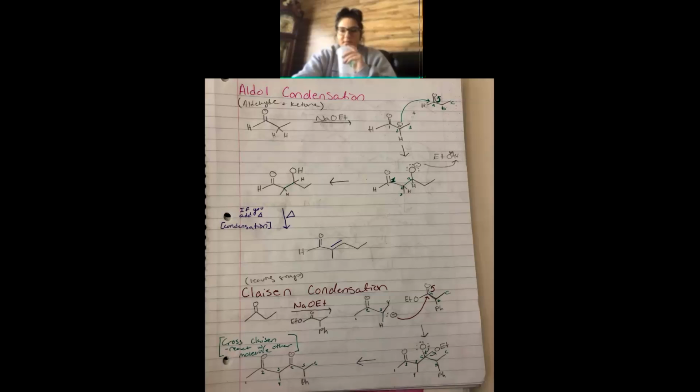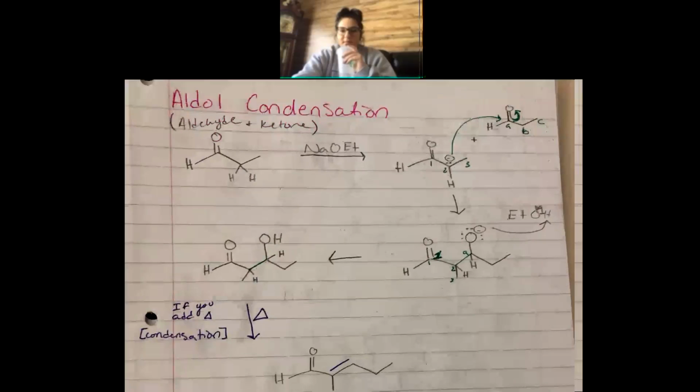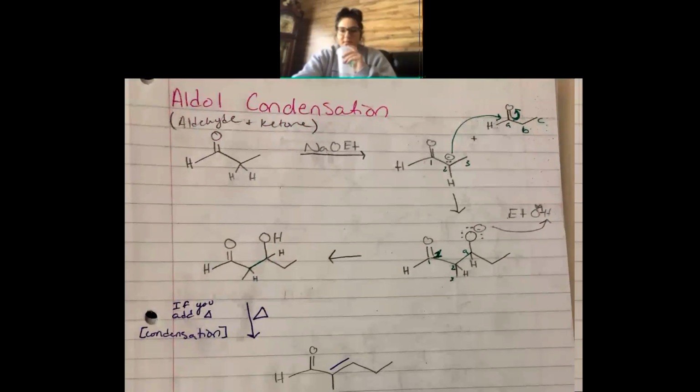What I want you guys to take away from this is mainly that this kind of reaction is only going to happen with an aldehyde and ketone, and it's essentially the reaction of an aldehyde or ketone with an alkoxide molecule. Then it's kind of like chapter 18 where we make the enolate. Once we make the enolate, we react it with another molecule of itself, which is shown in step 2.